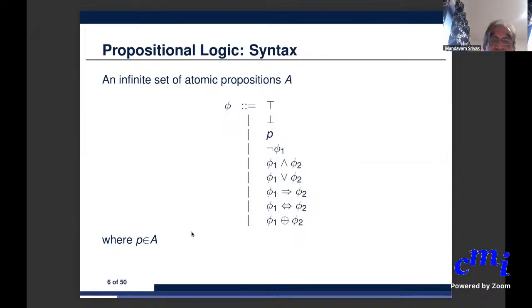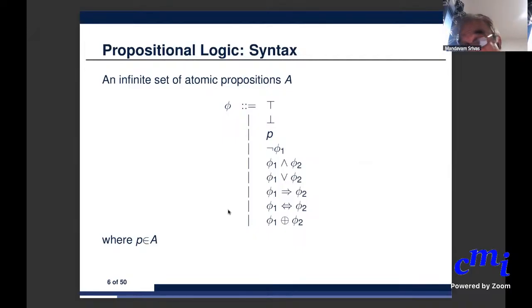And the second component is semantics, which gives the rules for how you assign truth values to all these syntactically well-formed formulas in the logic. So, propositional logic.